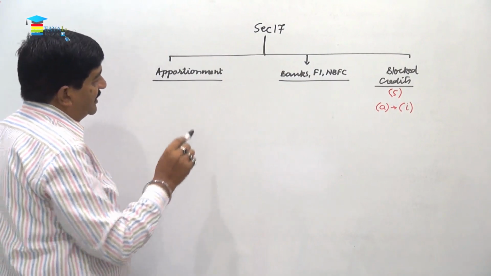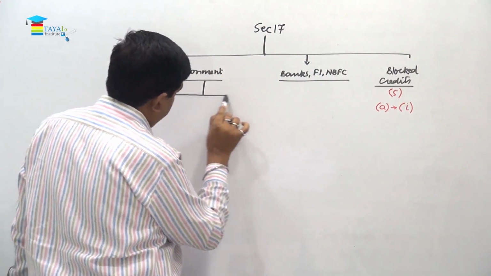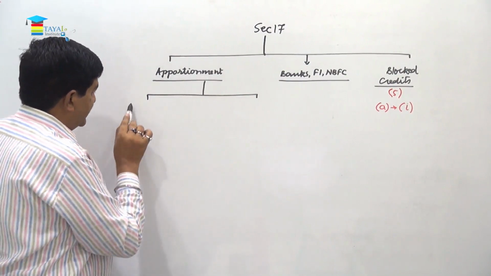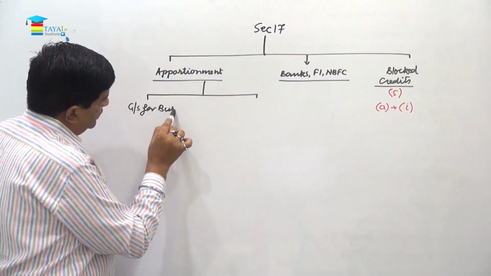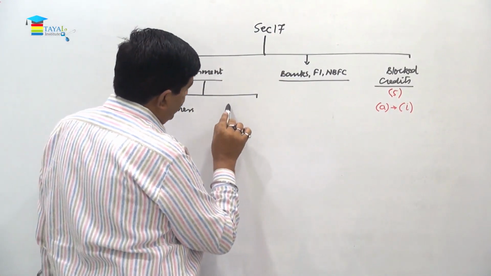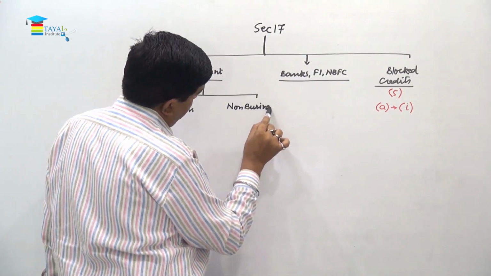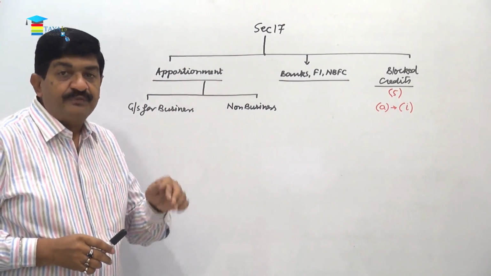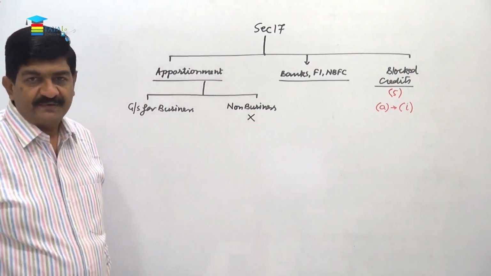So now in apportionment, the first question is this way: goods and services for business, and those are used or intended to be used for non-business purposes. And if those are to be used for non-business purposes, question of input tax credit does not arise, right?